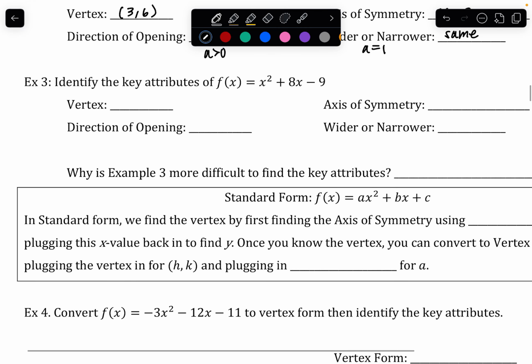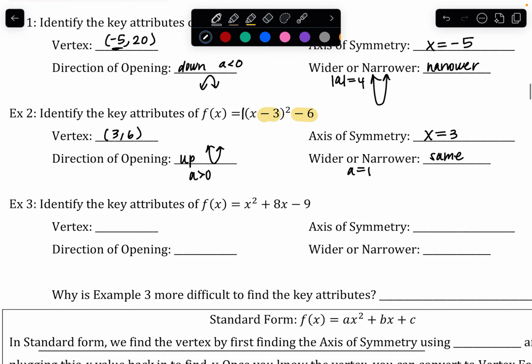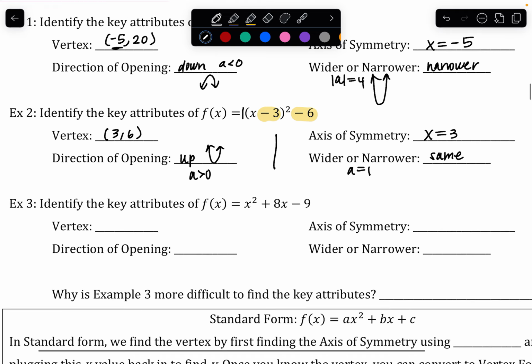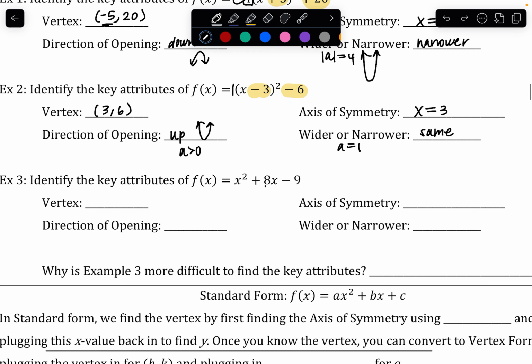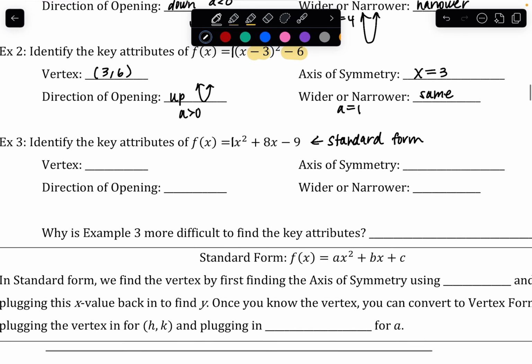Okay, and for this next one, I hope you're noticing that it's not in the same form as the rest. We had parentheses, we had a square, we didn't have an x term. This is standard form. And when you have standard form, you don't get any of this information for free, other than the a value.